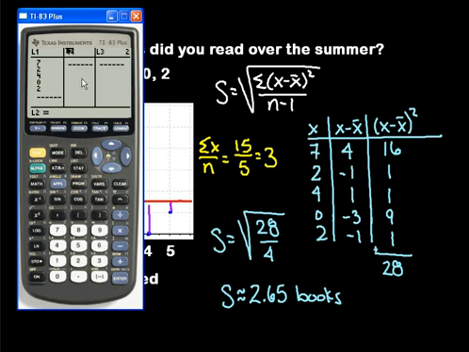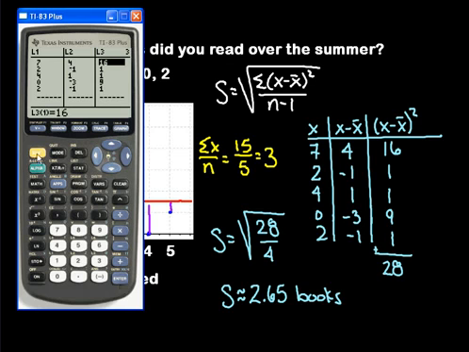If you highlight L2 and hit second 1, which is list 1, I want to take list 1 minus 3, because that was my mean, and hit enter. Then I'll subtract those for you. Highlight list 3, and here I want to take the values from list 2, so hit second 2, which is your L2, and I want to square those, and hit enter.